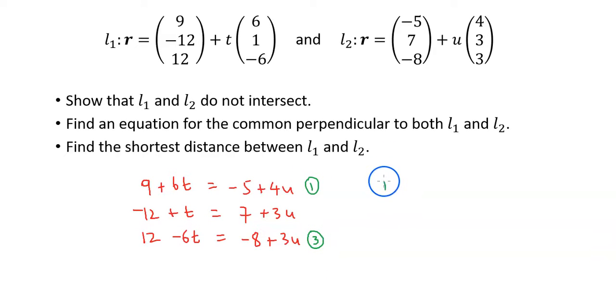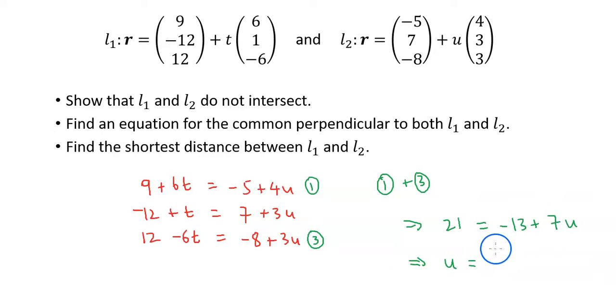I'm going to add equations 1 and 3, so that gives 9 plus 12 is 21, and the 6t and the negative 6t cancel out, and that's equal to negative 13 plus 7u. And so we have that u is equal to 34 divided by 7.